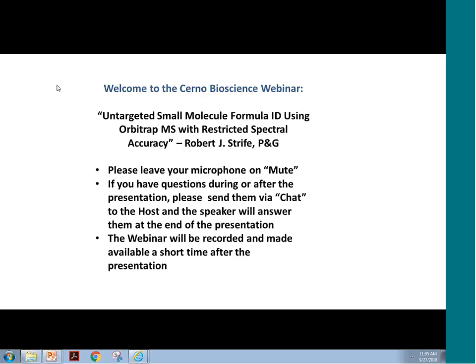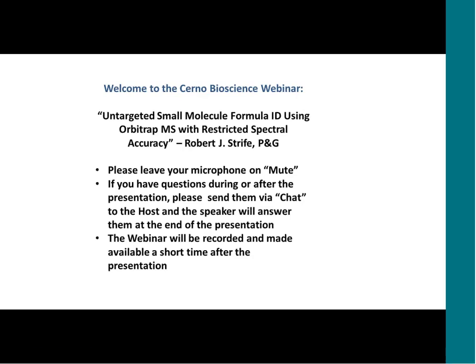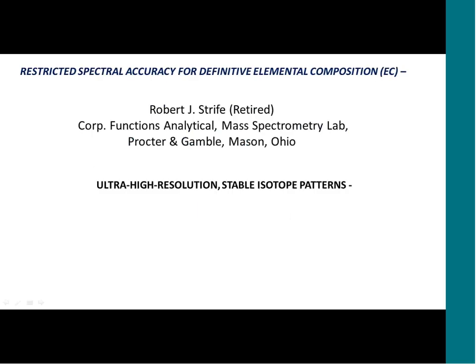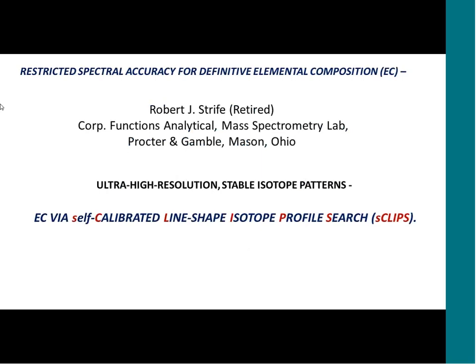The core of using restricted spectral accuracy really relies on the evaluation of ultra-high resolution isotope patterns that can be observed under the right conditions. And let me see if I can get our slides advancing. Here we go. And so the evaluation further relies on the Cerno Bioscience MassWorks software and a subprogram that's called self-calibrated line shape isotope profile searching.